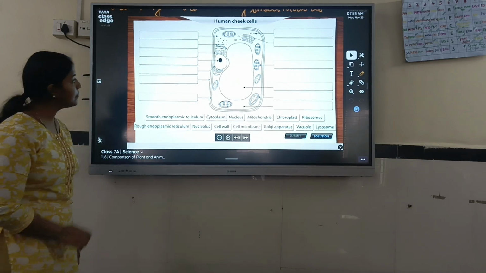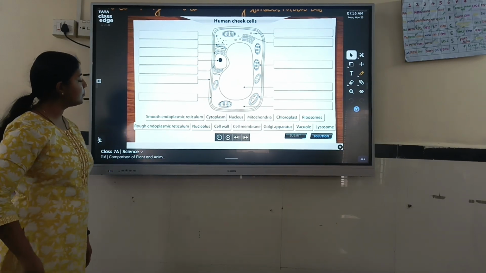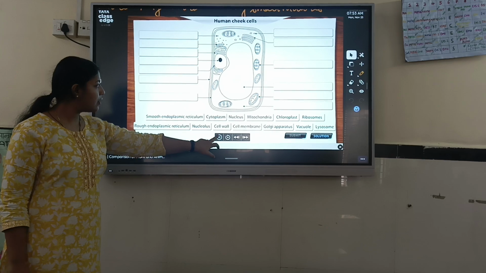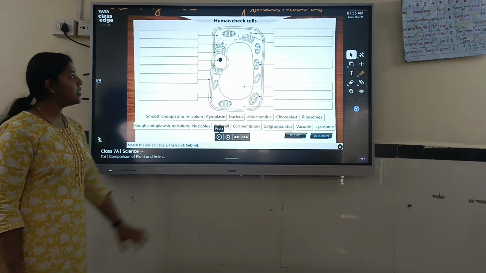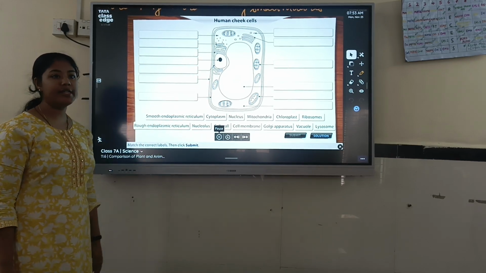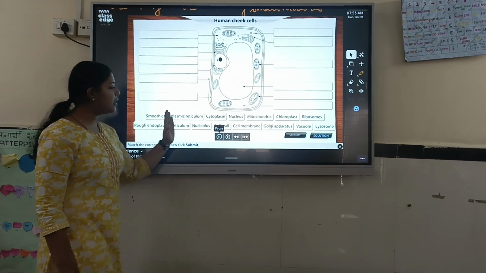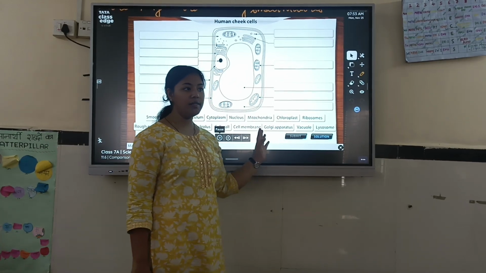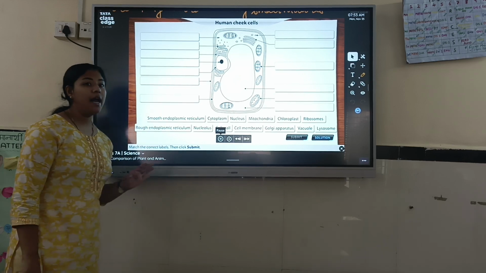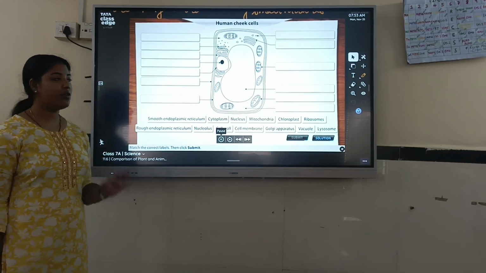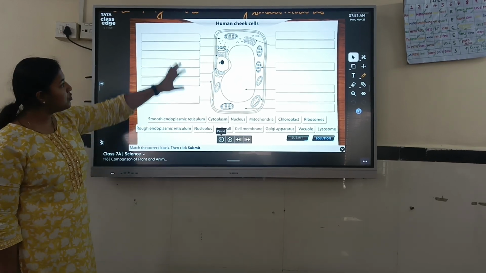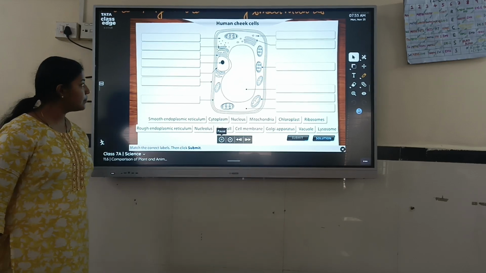Match the correct labels. Then click submit. Can you see the cell here and the different organelles? Okay. Now there are different names given to your options, and you have to match the correct answer to it. So can we start with the first one? Ribosomes.